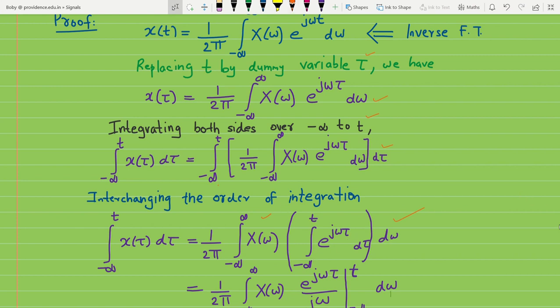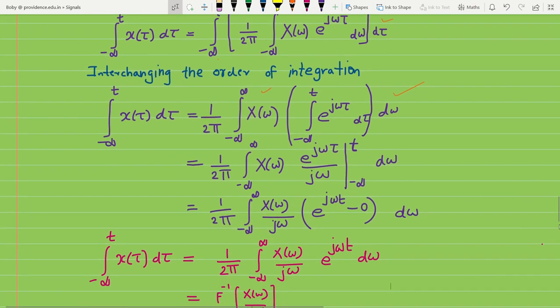Now we can consider the integration inside the bracket, that is integral minus infinity to t e raised to j omega tau d tau. When we integrate e raised to j omega tau, that will be e raised to j omega tau divided by j omega. The limit is from minus infinity to t. Applying the upper limit, we get e raised to j omega t.